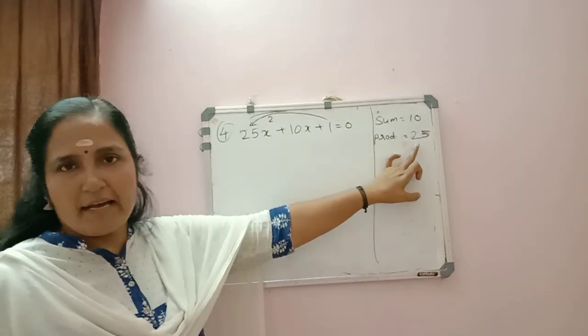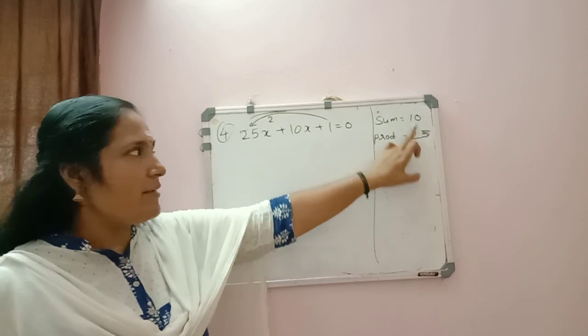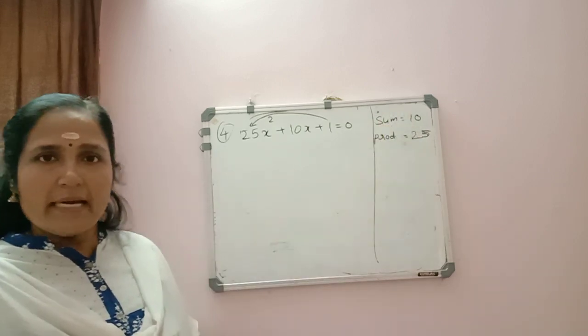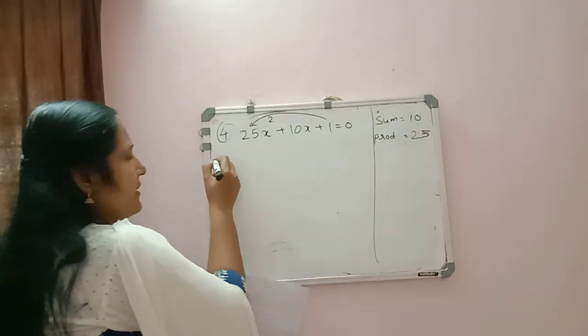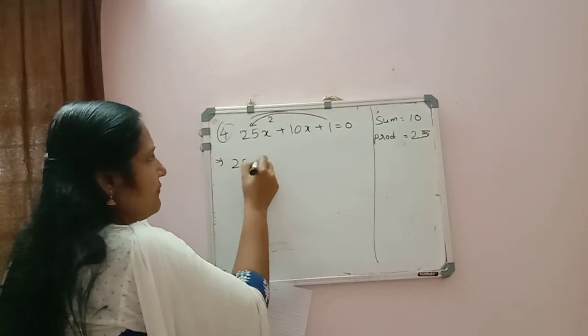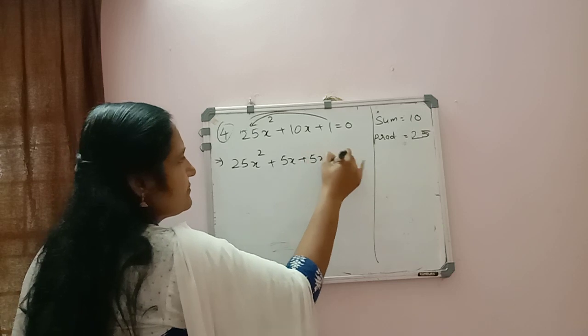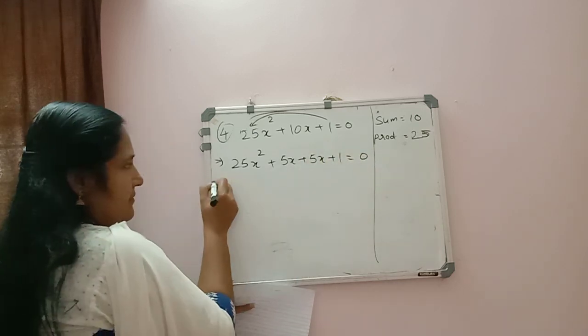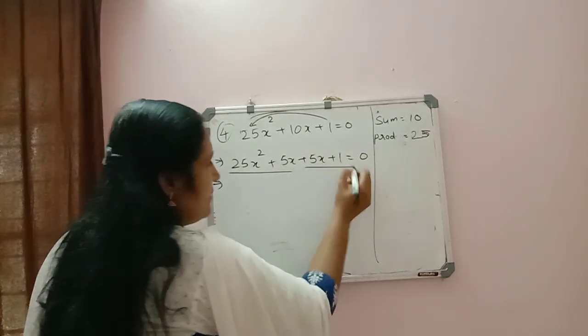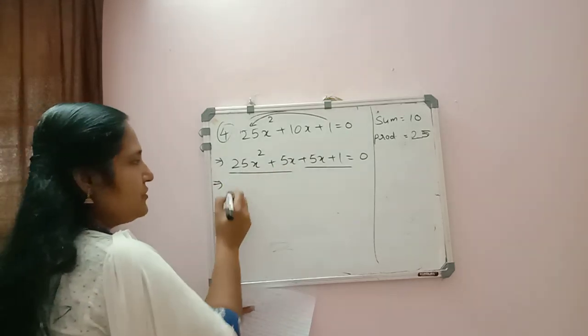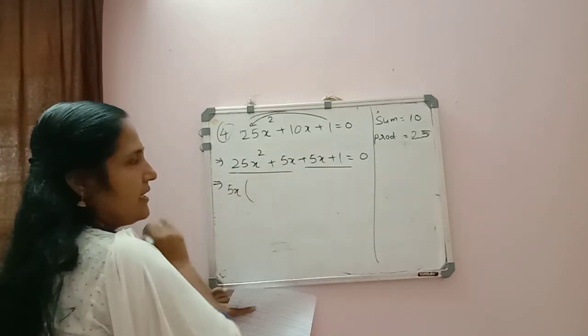Then 5 fives are 25 and 5 plus 5 is equal to 10. So 10x can be written as 5x + 5x. Both the numbers are the same. The common factor in the first two terms is 5x, taken outside.